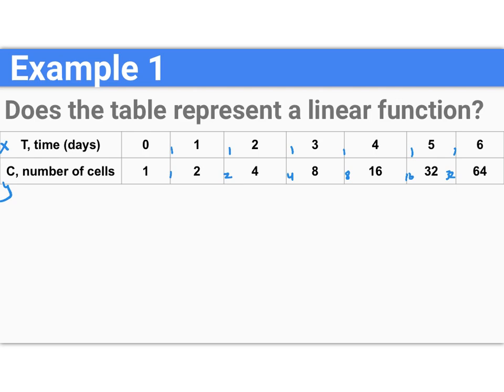So here we have 1 over 1, 2 over 1, 4 over 1, 8 over 1, 16 over 1, and 32 over 1. So 1, 2, 4, 8, 16, and 32 is doubling. And that means that this is not linear.